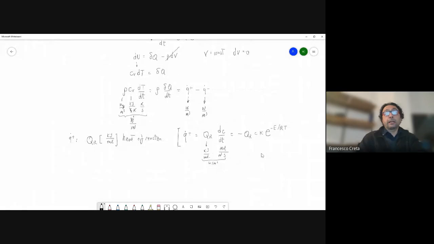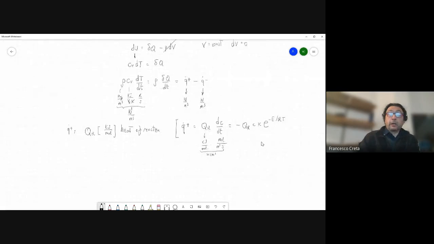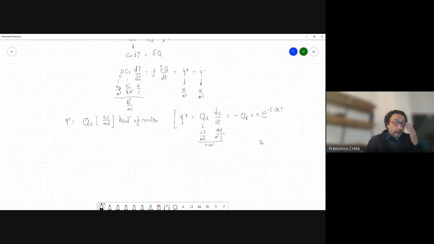What about Q minus? Well, Q minus is the heat lost through the vessel walls. We keep the vessel walls at a constant temperature T0.